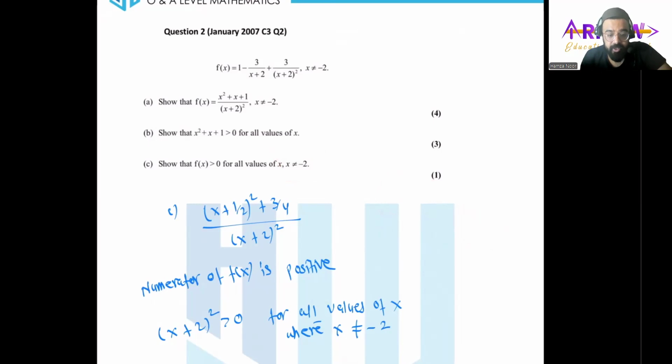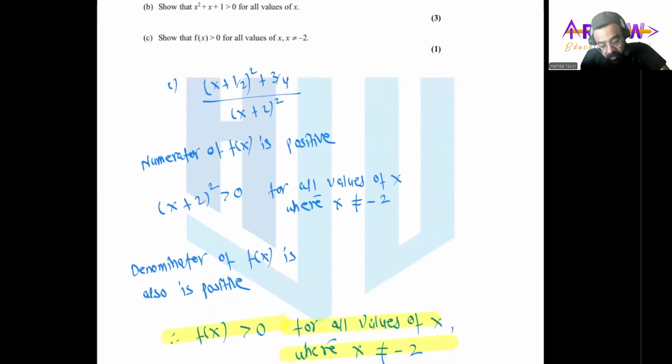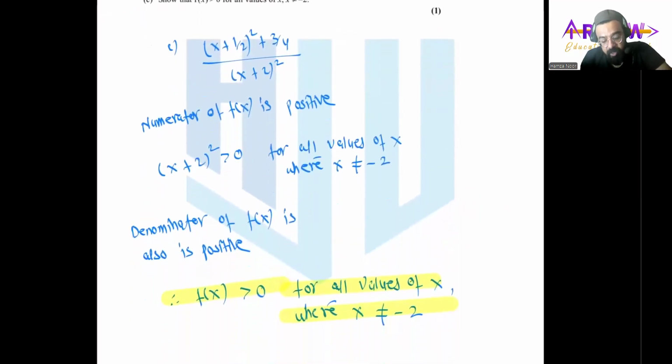So I'm going to write my statement in this way: x plus 2 whole square is greater than 0, strictly speaking, for all values of x where x is not equal to -2. Because this is compulsory to consider this domain that x is not equal to -2.